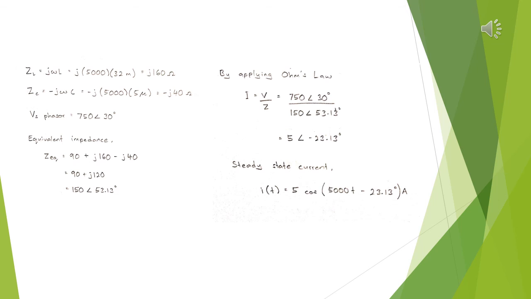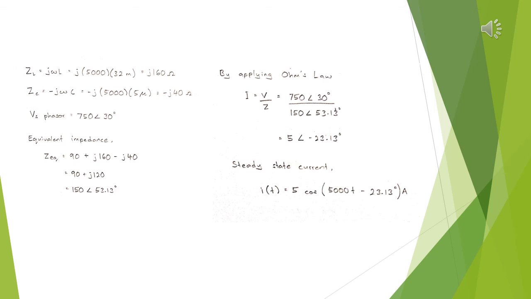First, we can find the impedance for inductance and the impedance for the capacitance. By using the formula given, just insert the information that we get into the formula. For the equivalent impedance, we use the formula Z equivalent equal to Z1 plus Z2 plus Z3.